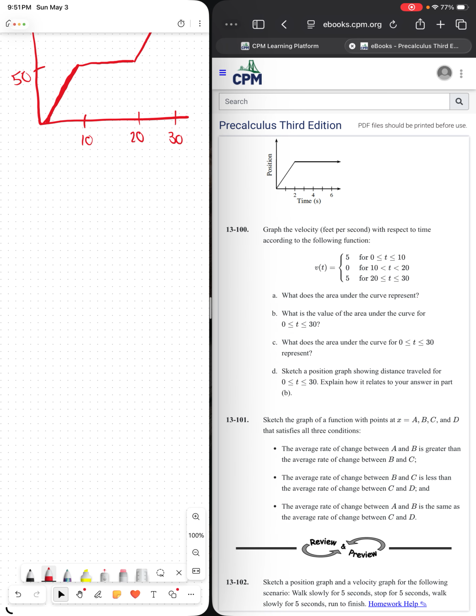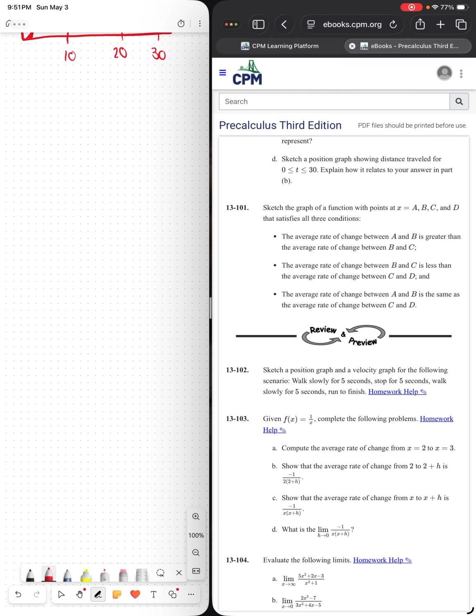101 is kind of an extra problem here, just letting you know about the average rate of change, or the slope between certain points, and this is greater than this.